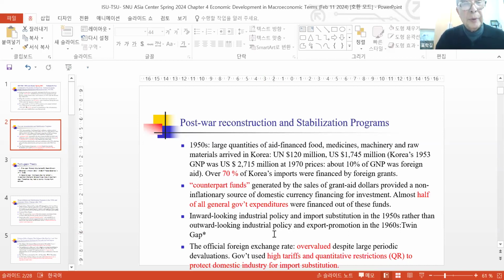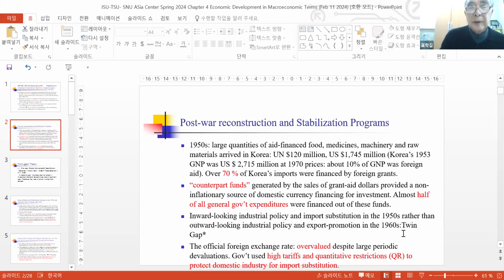So a lot of light industries like wigs, plywood, and textile goods could be developed as exporters. These export industries started making foreign dollars, so that this export promotion could be pursued in the 1960s.